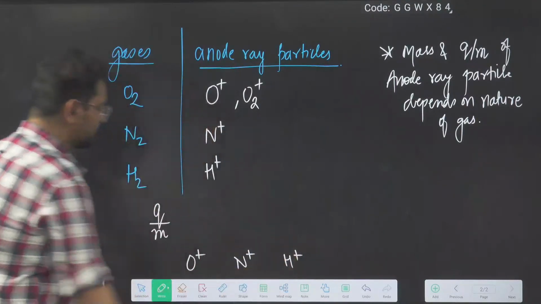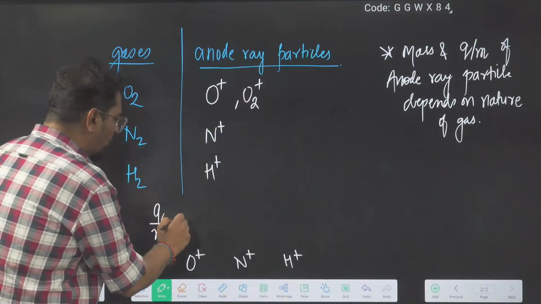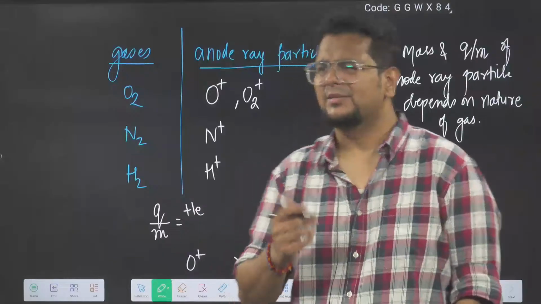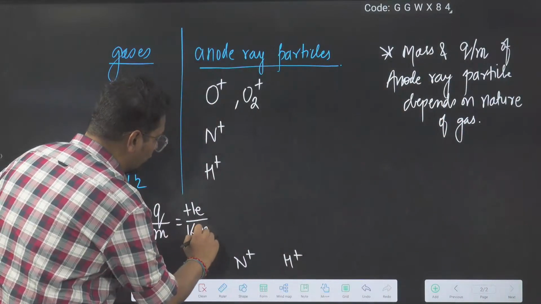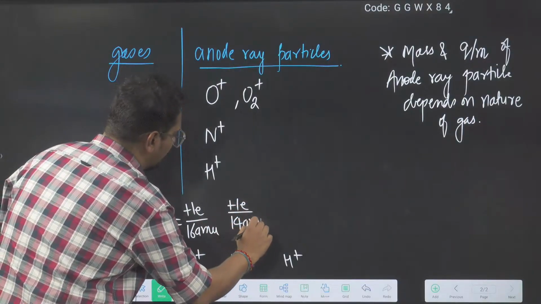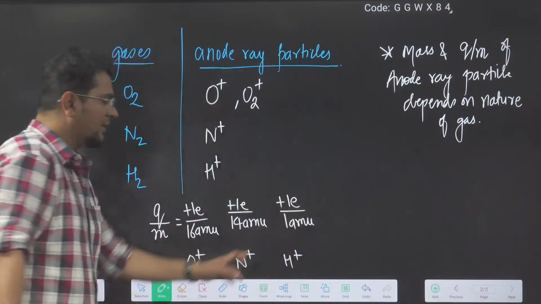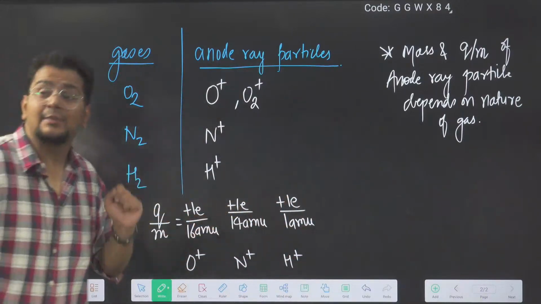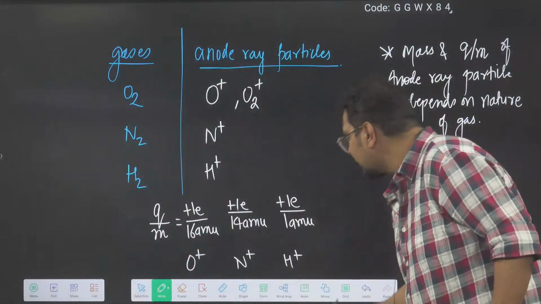Can you compare the charge to mass ratio of O+, N+ and H+? O+ means plus 1 e charge, mass of oxygen atom 16 amu. Nitrogen plus 1 e, 14 amu. Hydrogen plus 1 e, 1 amu. So plus 1 by 16, plus 1 by 14, plus 1.